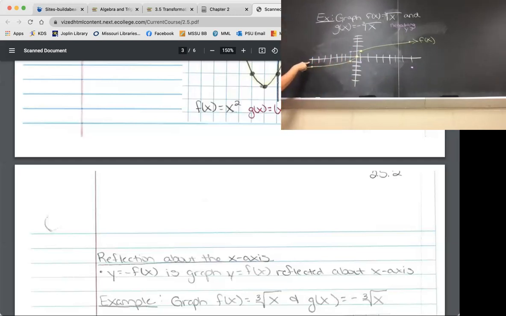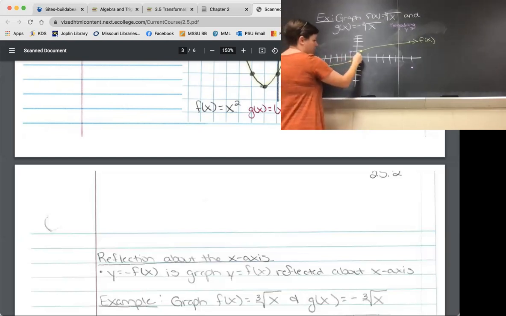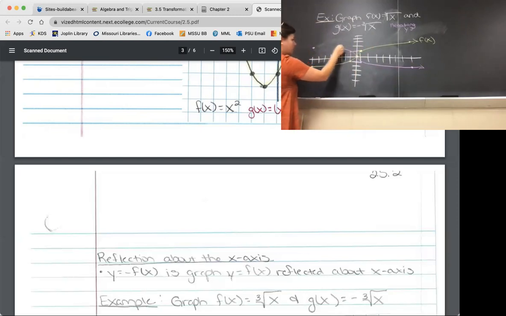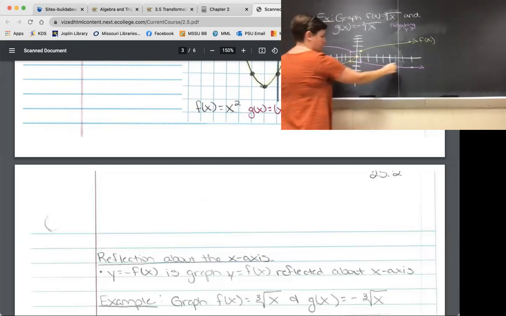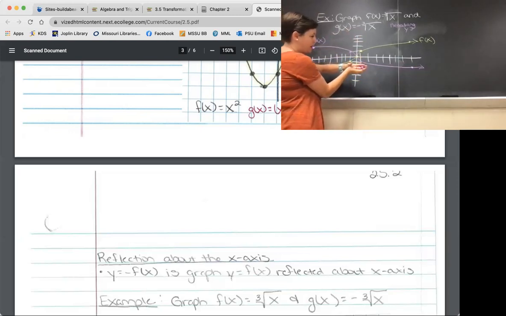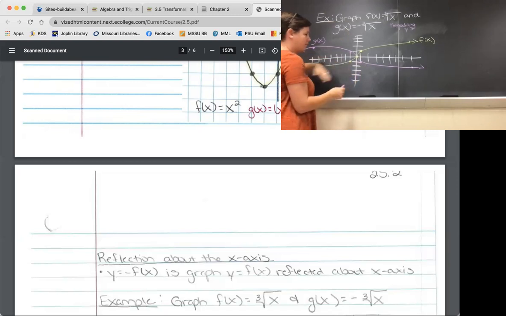Instead of having negative 8, negative 2, I'm going to have negative 8, positive 2. So this purple is my g of x. It goes this way. What I did is I folded my graph along my x-axis and it's reflected.